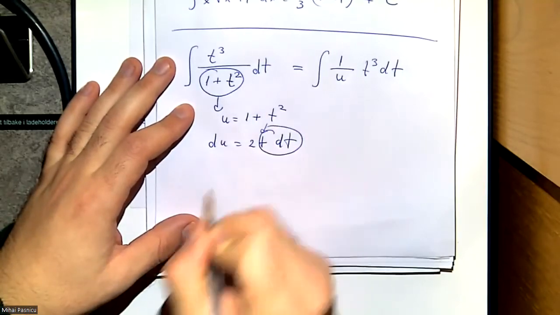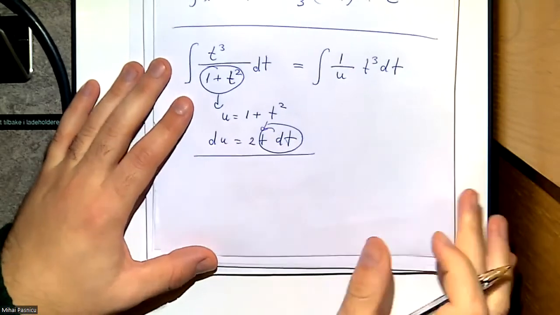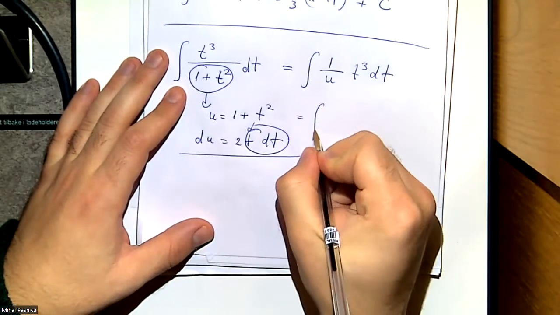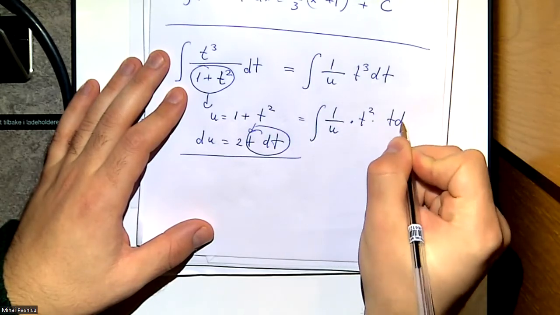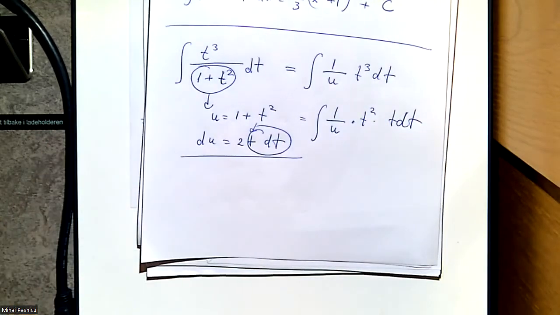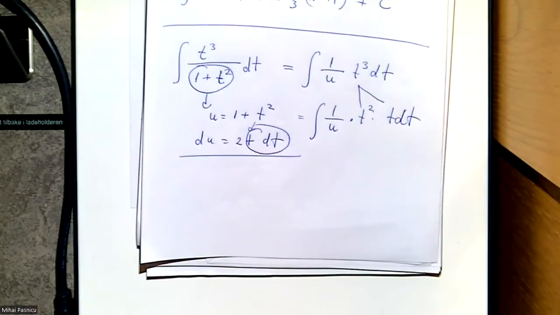I see a t dt here, and I see a t dt here. So now I'm wondering, can I just do something like this: t squared times t dt? I just split this t to the third into 2 t's and 1 t. Why did I do that?